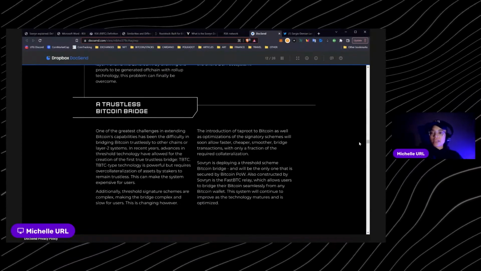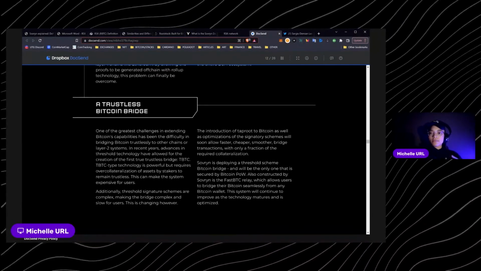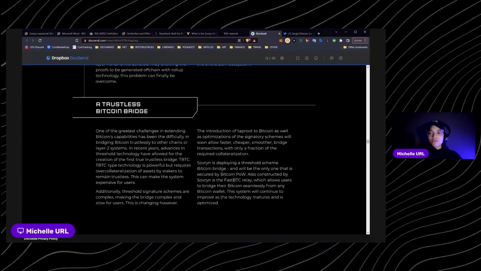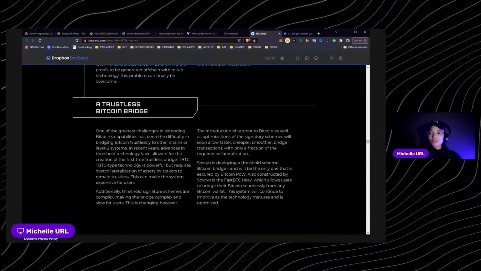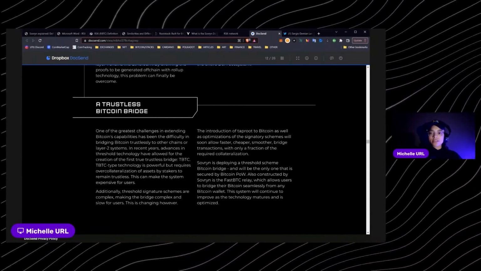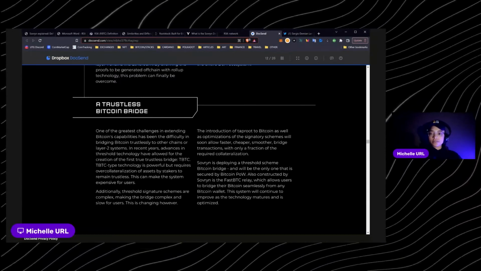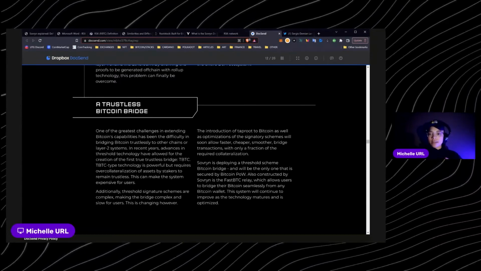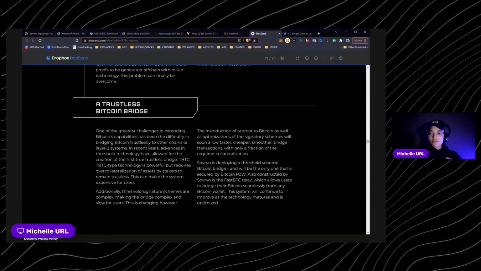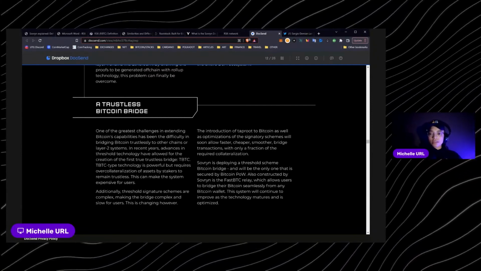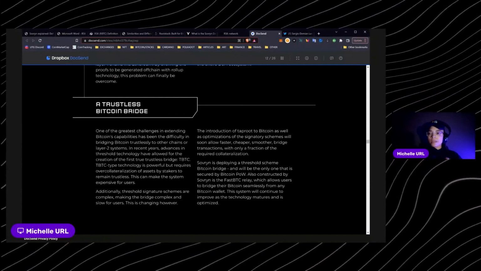And lastly, a trustless Bitcoin bridge. One of the greatest challenges in extending Bitcoin's capability has been the difficulty in bridging Bitcoin trustlessly to other chains or layer 2 systems. In recent years, advances in threshold technology have allowed for the creation of the first true trustless bridge, TBTC.